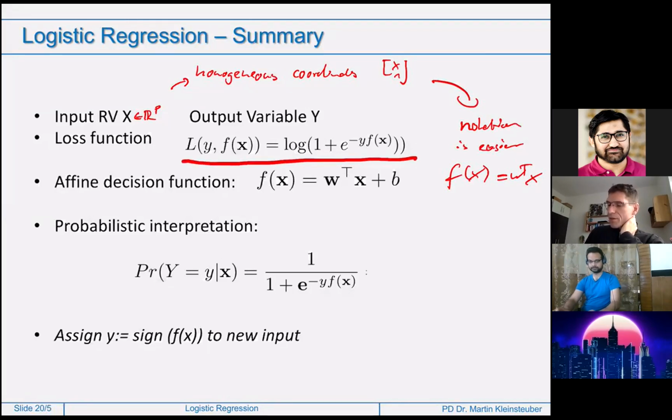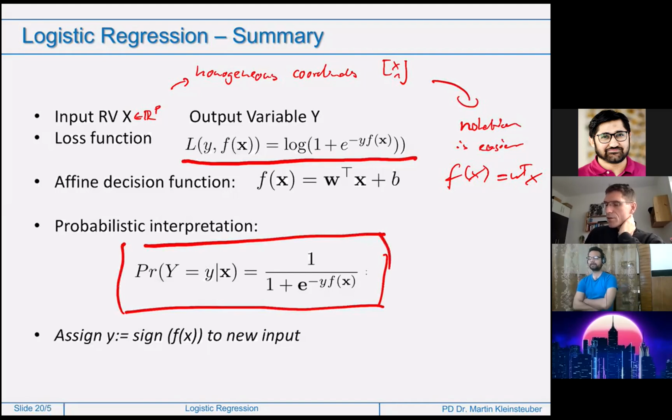We even have a probabilistic interpretation. So that's also a nice thing about the logistic regression. Once you have a new input x coming and you have your parameters computed, you assign the new class to this input by looking at the sign, but you can also compute the probability that your prediction is correct given your input and parameters.